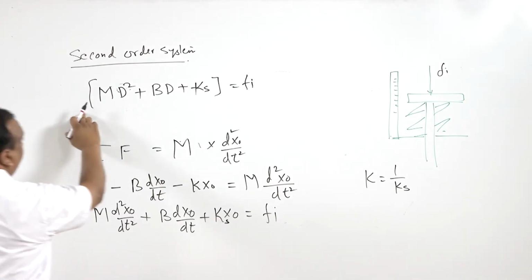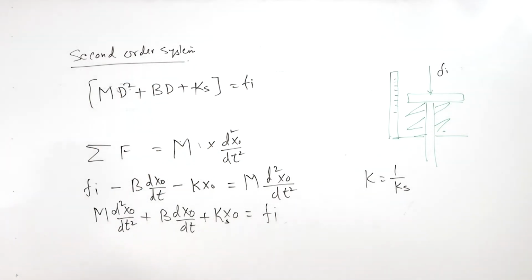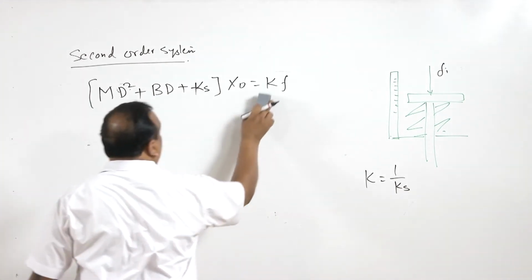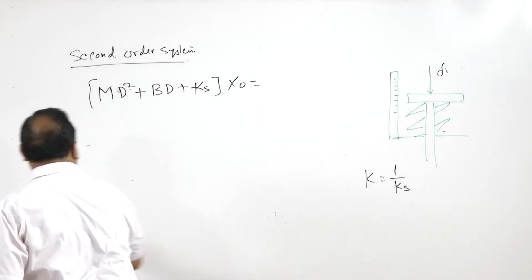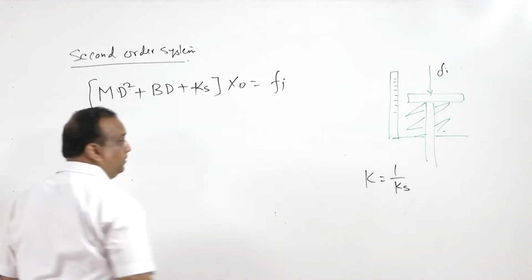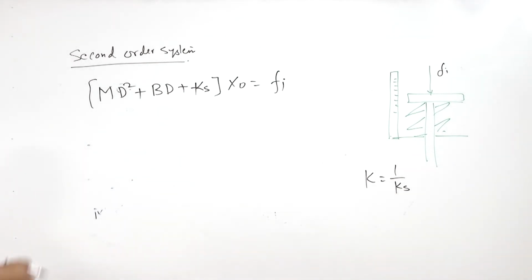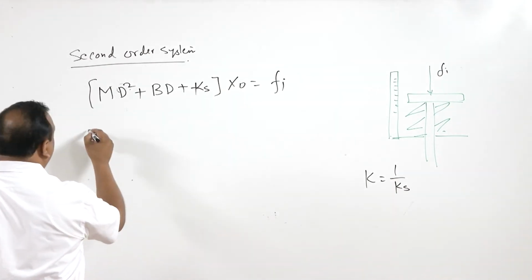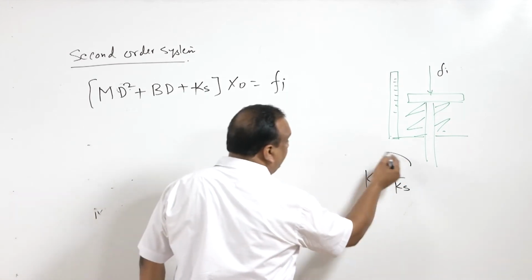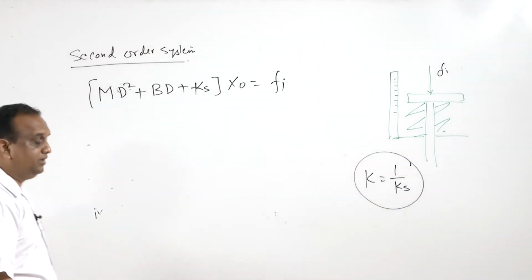Now this is the differential equation for a second order system, for this type of system. And now we want to have the value of xo multiplied by Fi. Now if you compare this equation with the original equation, we can find that the static sensitivity K is 1 by Ks, right?